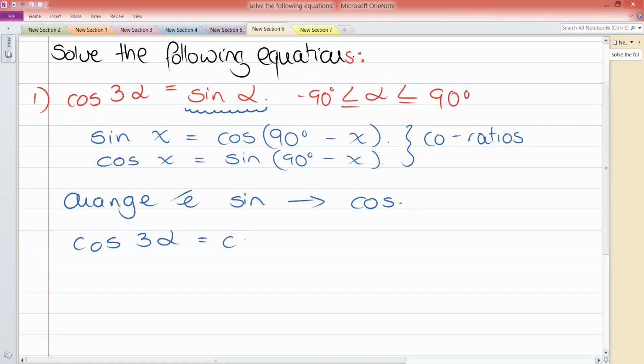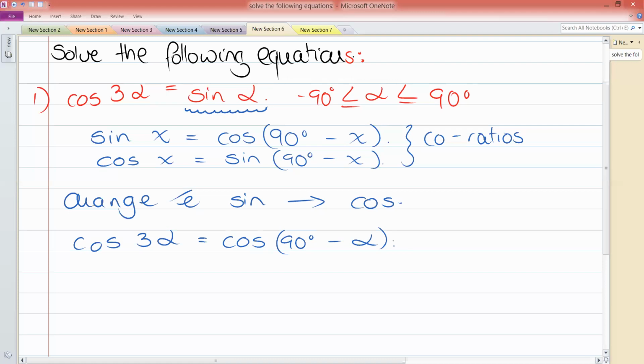It becomes cos of 90 degrees minus alpha. Now that you have the same trig ratios on either side, what you're going to do next is inverse cos to both sides. What you do to the left-hand side, you have to do exactly the same thing to the right-hand side.